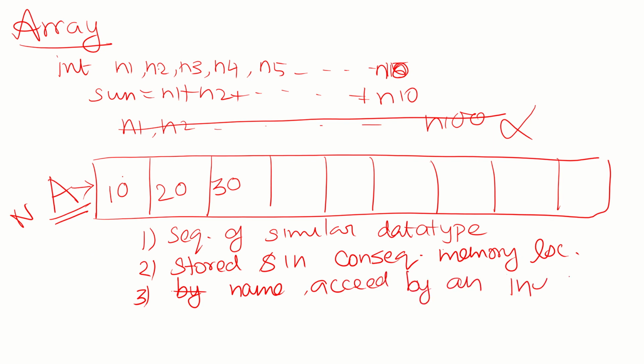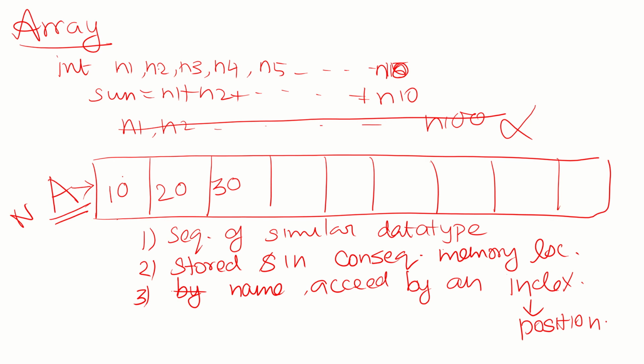Index is nothing but the position of the element in that particular array. So what is an array? An array is a sequence of elements of the same data type stored in consecutive memory locations, accessed by the same name using an index.